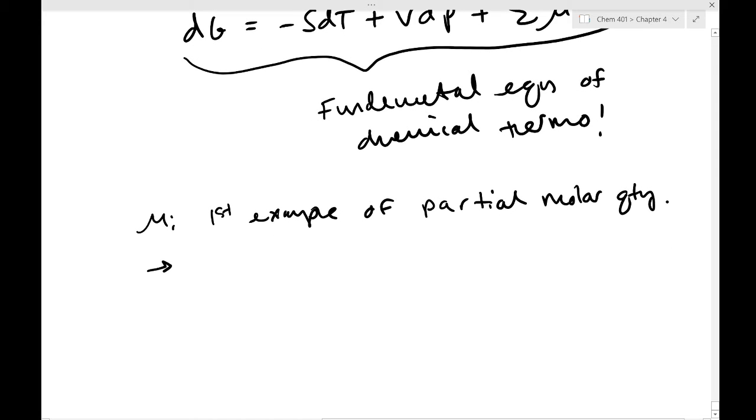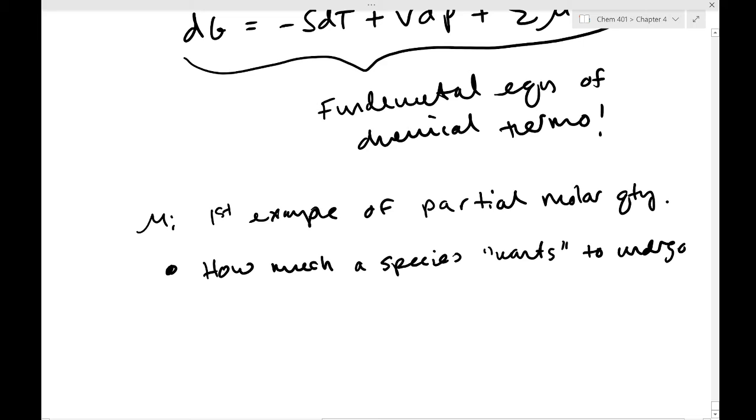And the chemical potential, let's try to define this in more easy to understand terms. Let's try to describe it in words rather than just writing out the formula. The chemical potential is a measure of how much a species or substance, how much that substance "wants" to undergo a physical or chemical process.